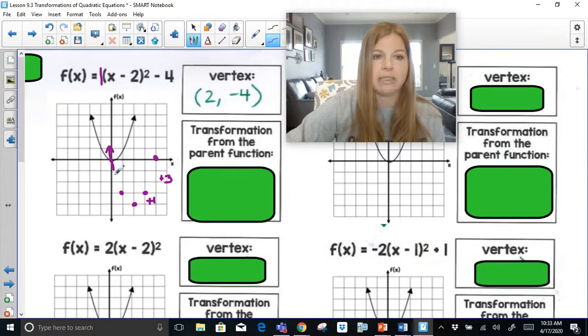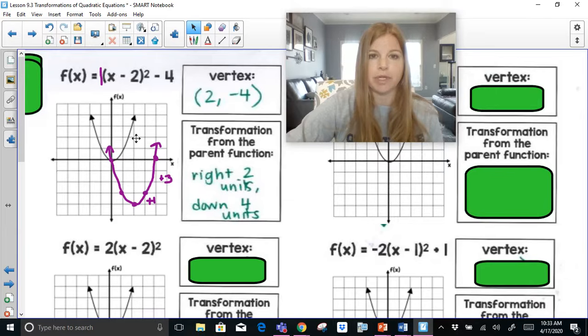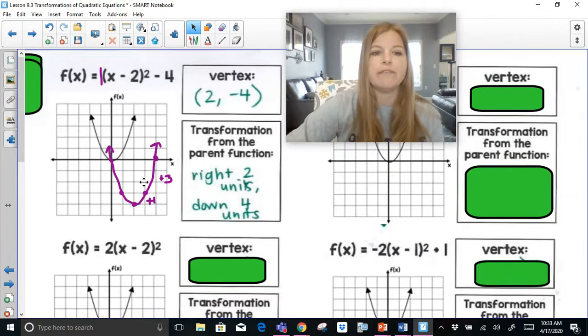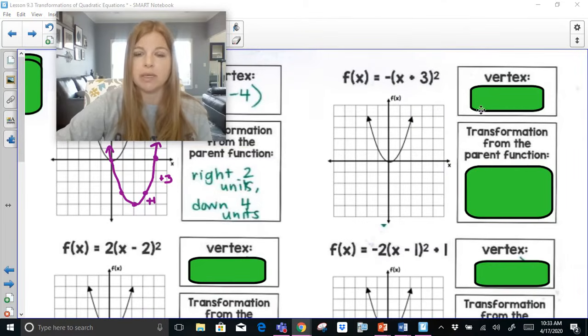And if I do that, take a look. That is my new parabola. The transformation from the parent function is that I went right 2 units and then down 4 units. If I was to really look at every single point from my original parent function graph, that's what that new graph would be. And because my a value is 1, I didn't need to change any kind of values at all.